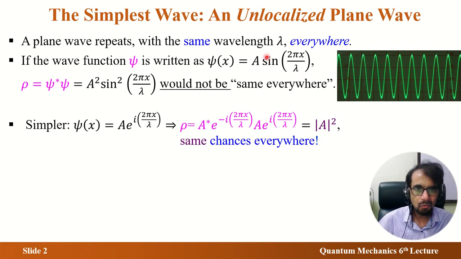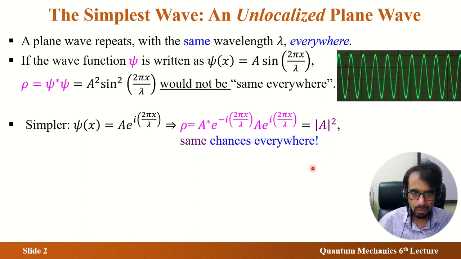But sine and cosine are combined into e power iota. The rule that combines them is called the Euler formula. Now use that combination of sine and cosine, which is the Euler combination. You take the exponential, and now you multiply it with its complex conjugate, and the answer is a constant, which is the same everywhere.